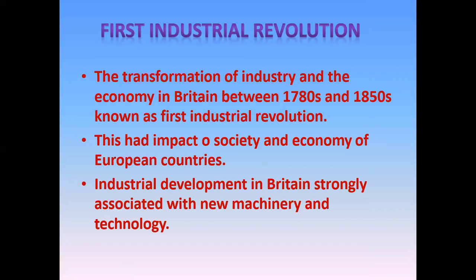This phase of the industrial development in Britain is strongly associated with new machinery and technologies. This made it possible to produce goods on a massive scale compared to handicraft and handloom industries. In this chapter, we will see the changes that came into the cotton and iron industries.